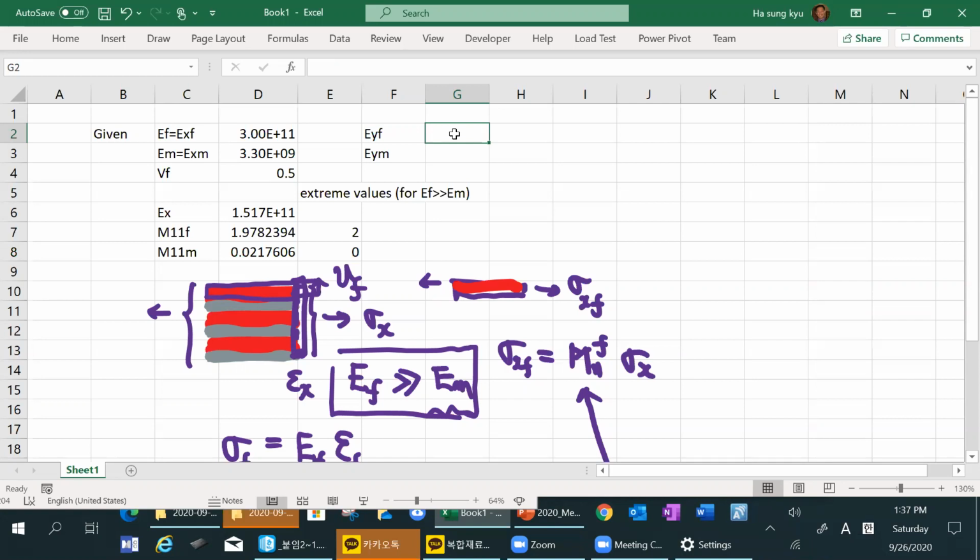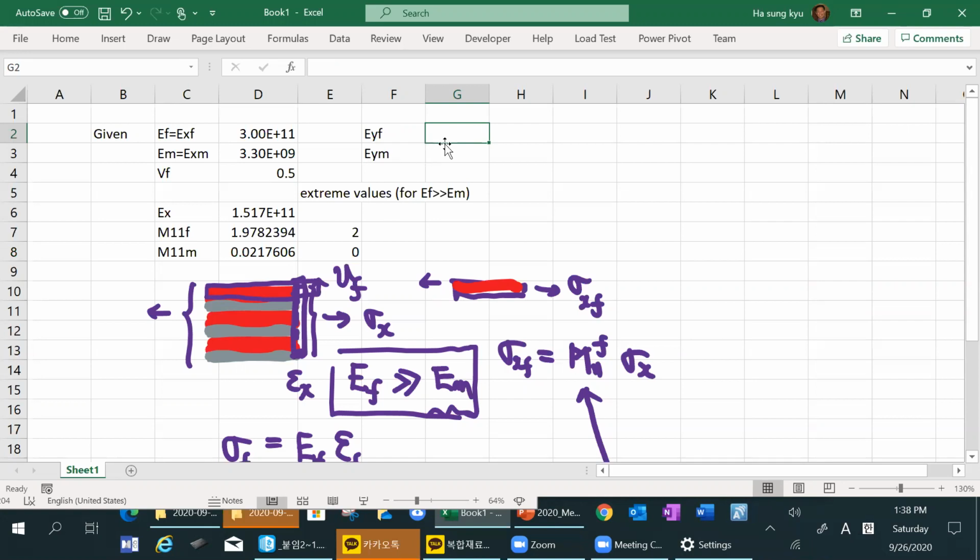Here, EYF, the fiber transverse stiffness, is not a well-known value, but it is very weak, especially in carbon fiber. Transverse stiffness is relatively weak.